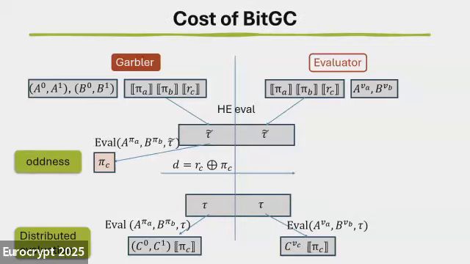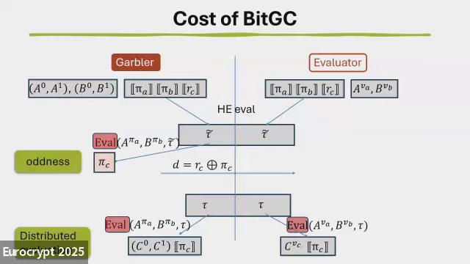In terms of cost, the garbler and the evaluator both homomorphically evaluate a circuit of depth 2 to get the corresponding encrypted ciphertext, and they both invoke the evaluation function a constant number of times.